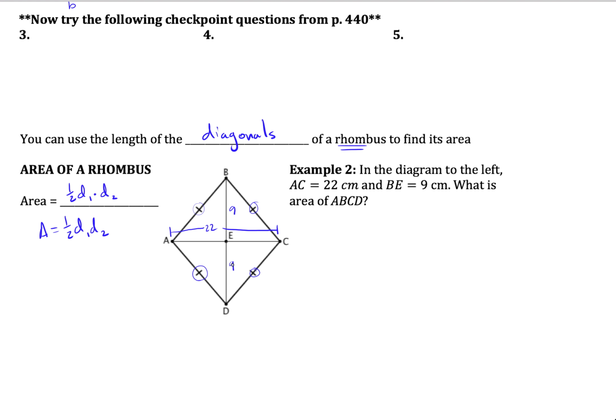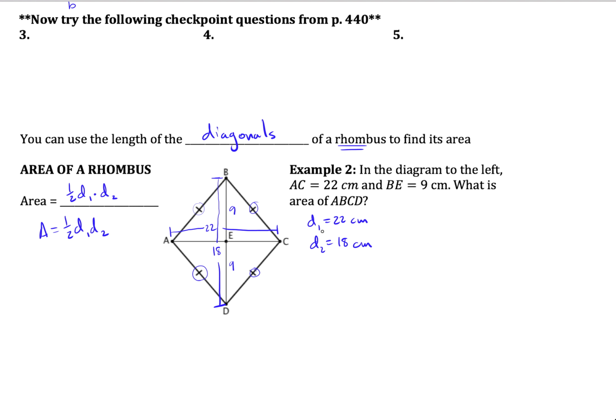So if this part is 9, so is this part. And that would mean that diagonal BD, from B all the way down here to D, would be 18 centimeters. So one of our diagonals is 22 centimeters. The other diagonal is 18 centimeters.